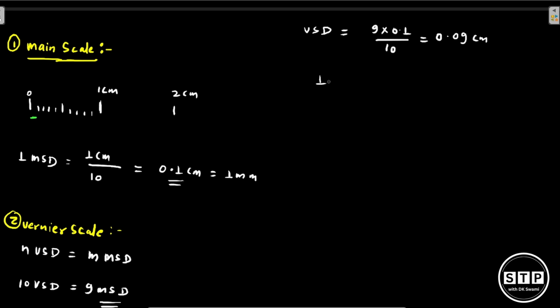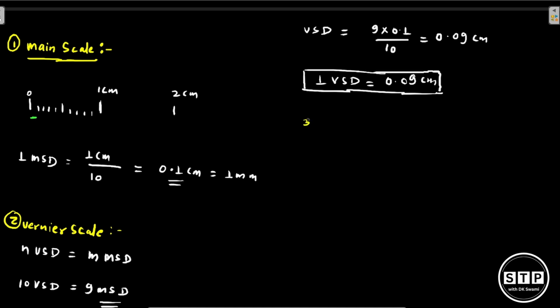So 1 VSD in the general case is 0.09 centimeter. In general, if we want to find it, we can say 1 VSD equals m by n MSD. So this is the vernier scale.